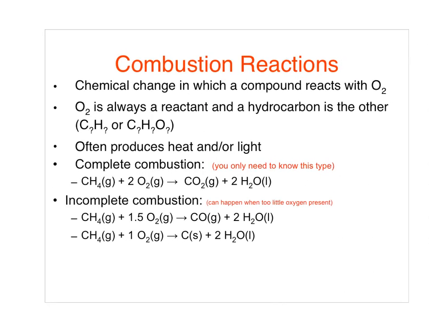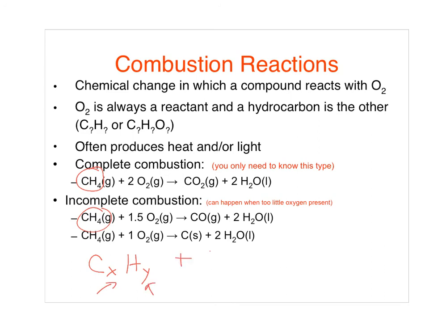And this is our last type of reaction. This is a combustion reaction. In a combustion reaction, you have to have a hydrocarbon, which is some compound made of carbon and hydrogen. We're going to call it CxHy, meaning that this x and y can be all these different kinds of numbers.